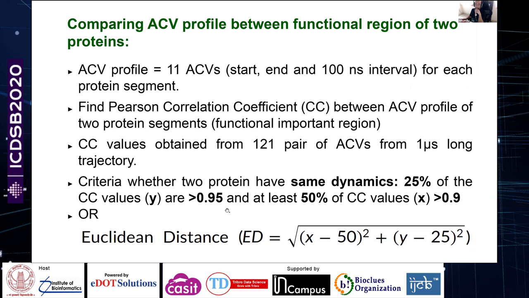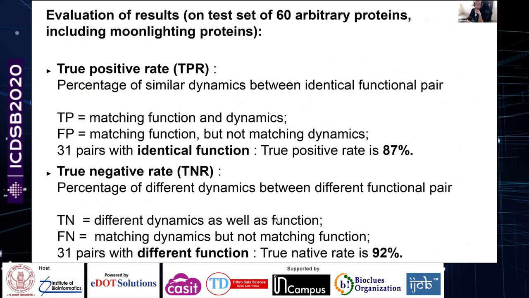Or, if the total number of cases greater than 25% is counted as Y, and these are counted as X, you could also calculate what's called a Euclidean distance to get a value. And using both of these, one could decide what is matching and what is not matching.